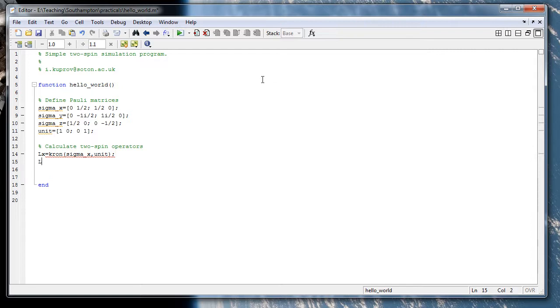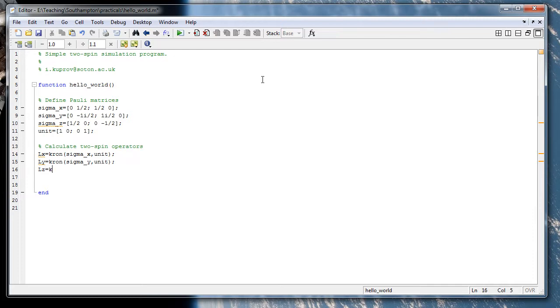Then similarly, Ly will be Kron, sigma y, unit, and so on will now continue. As you can imagine, these things are pretty easy to automate. If you're running an n-spin system, well, you'll just have to declare a for loop and loop over every spin, but it's a fairly simple calculation here, so I will do that all explicitly.